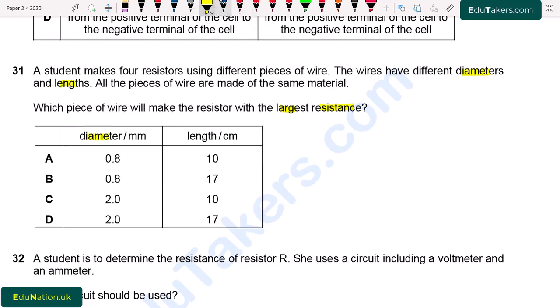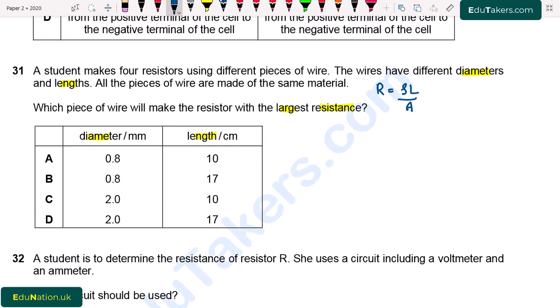Diameter is given and also the length is given, which is in centimeter. So first of all, I write here resistance is equal to rho L over A. Here rho is basically resistivity that depends upon the material of the wire.